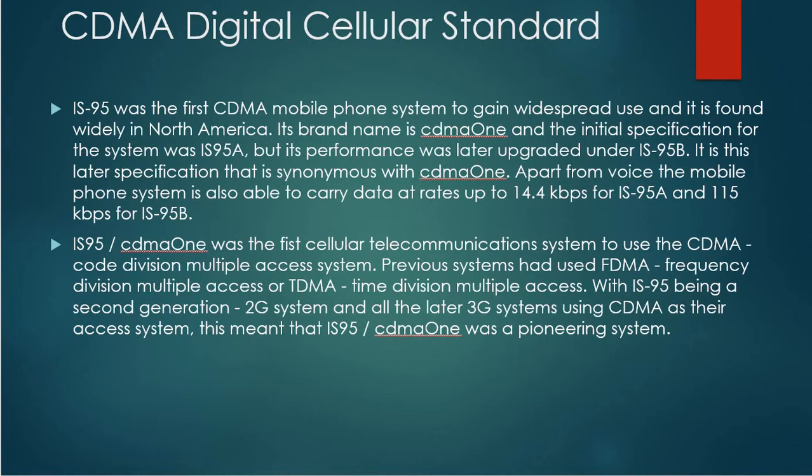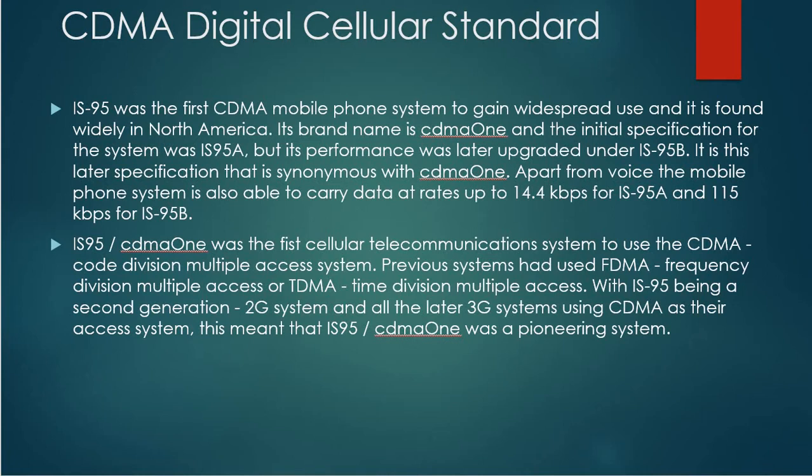Apart from voice, the mobile phone system is also able to carry data at a rate of up to 14.4 kilobits per second for IS95A and 115 kilobits per second for IS95B.